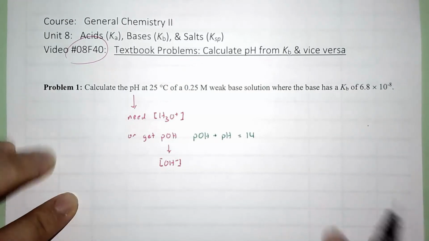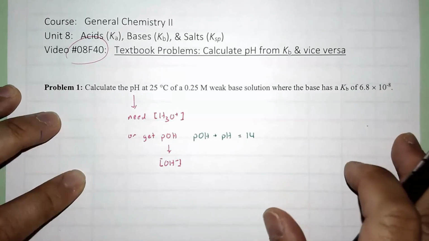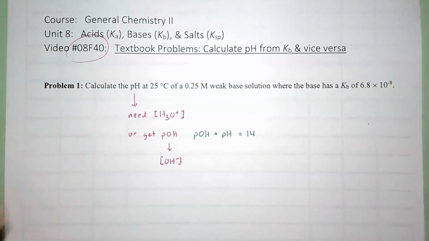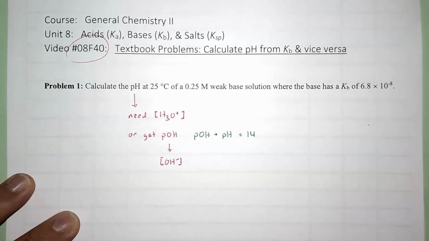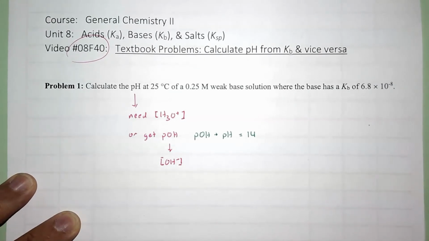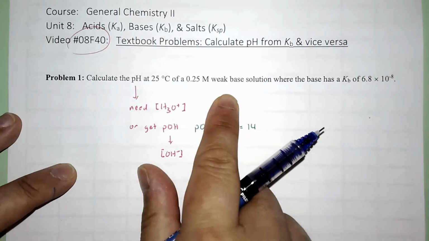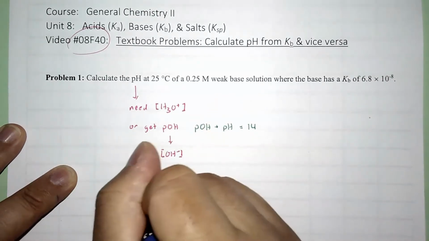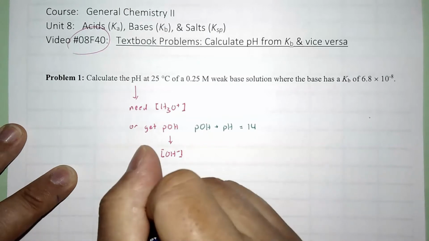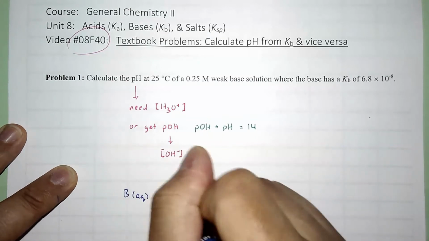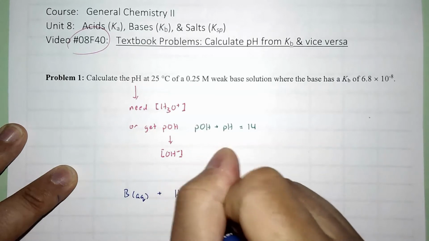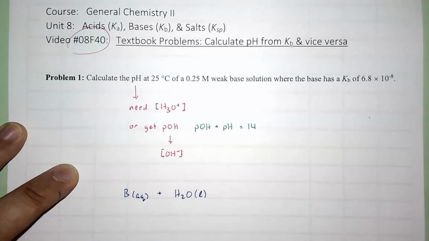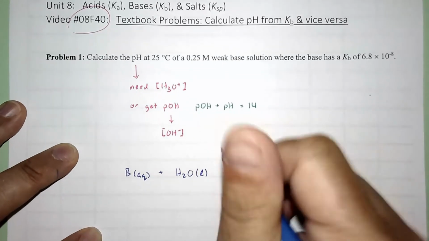When in doubt, I feel much better, and I think most students do, when they see a chemical reaction, and then we can relate everything to that. The chemical reaction is, so they don't give us a base, but we could use a generic term B, and I'll go ahead and put in the phases. A base, when you throw it into water, grabs a proton. It accepts a proton.